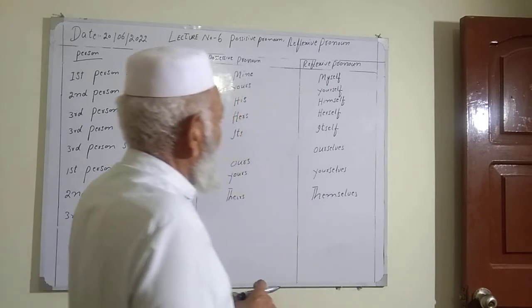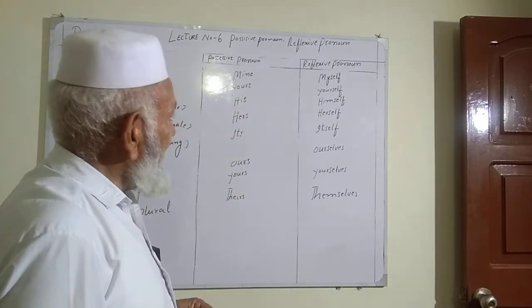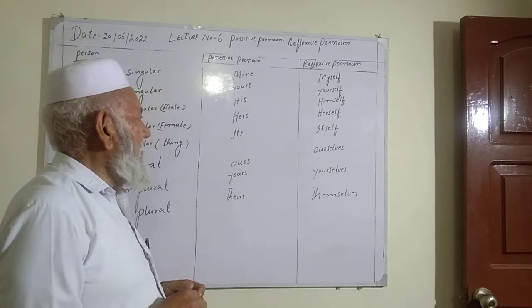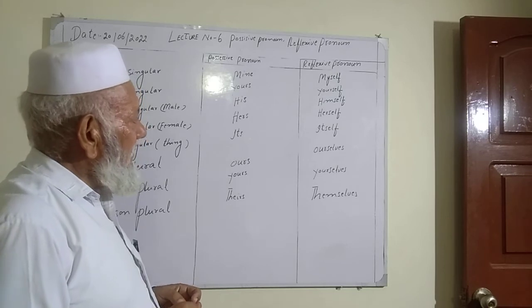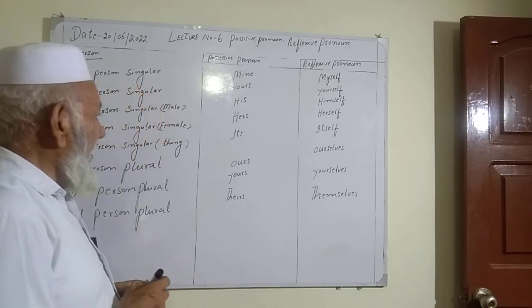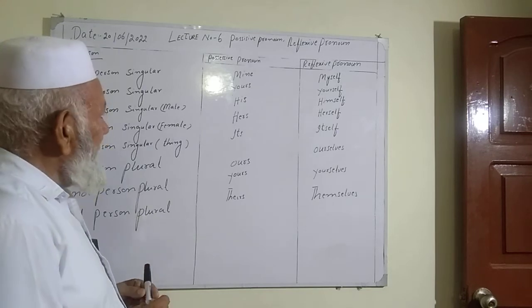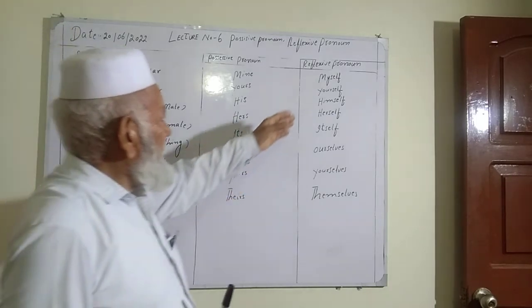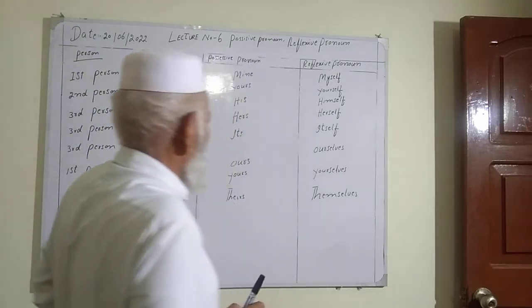So now you are clear where myself is used, where yourself is used, where himself is used, where herself is used, and where itself, ourselves, yourselves, themselves are used. According to the subject, the reflexive pronoun is used.